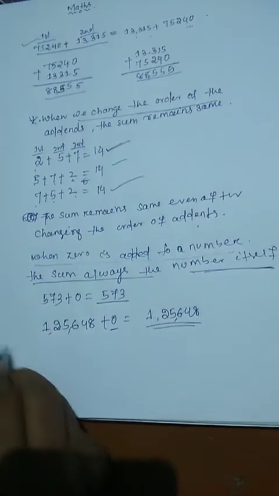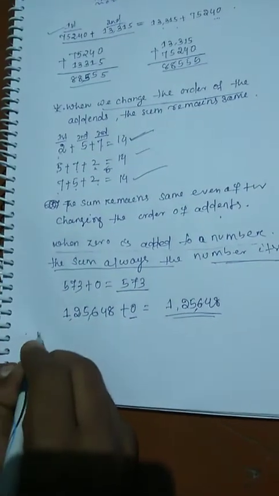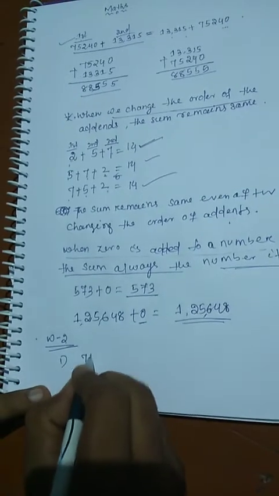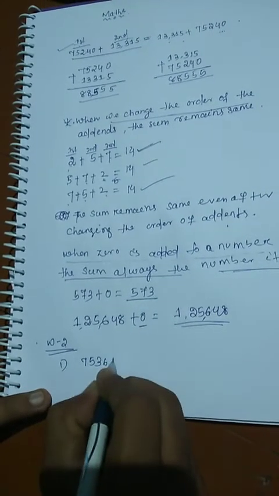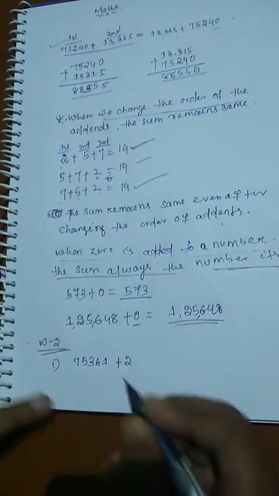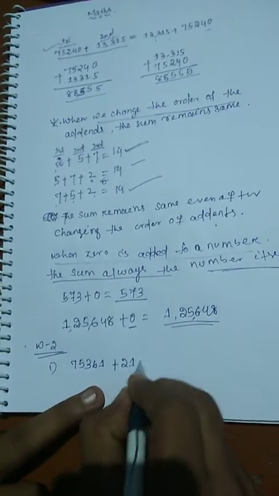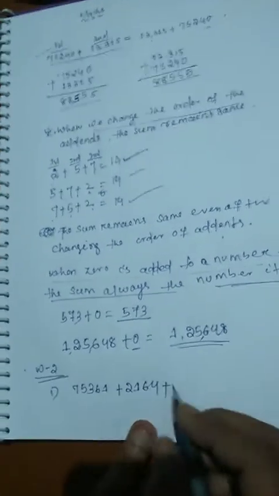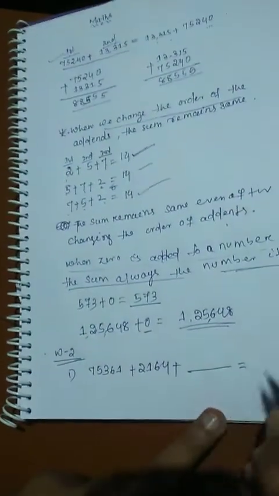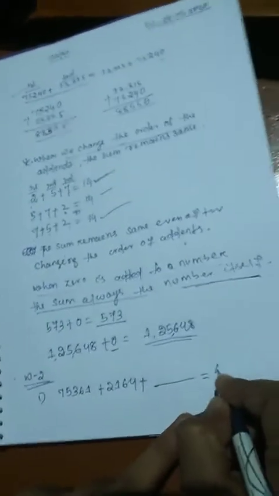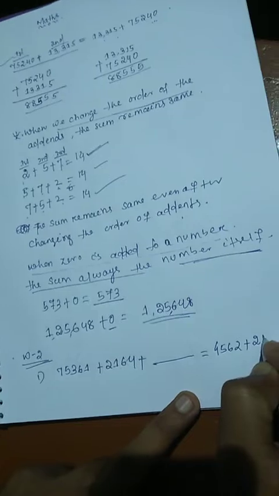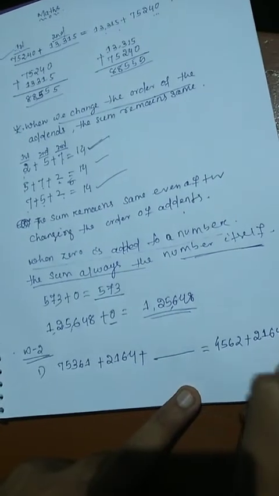Let us discuss some questions in worksheet 2. Suppose one question is given: 75,361 plus 2,164 dash is equal to 4,560 plus 2,164 plus dash.